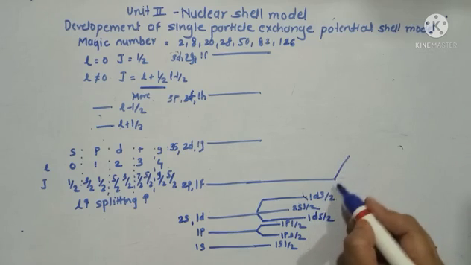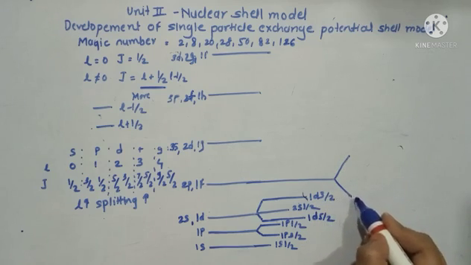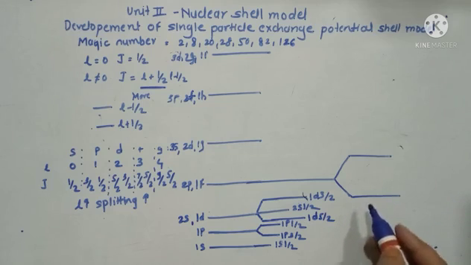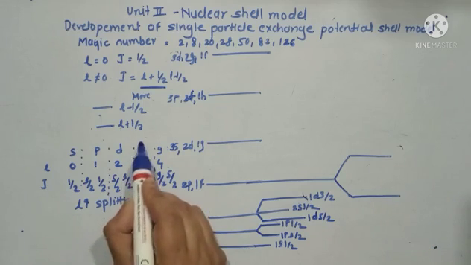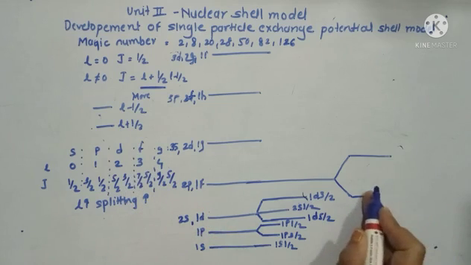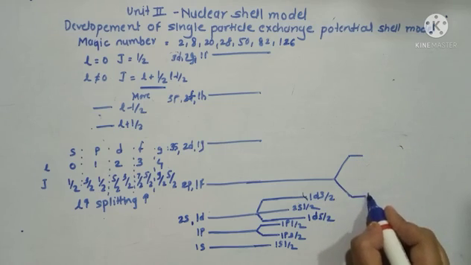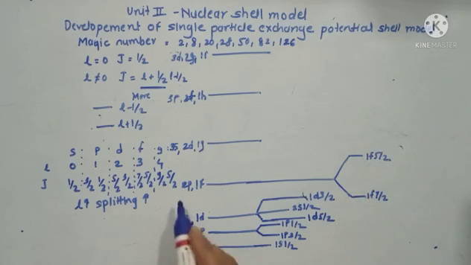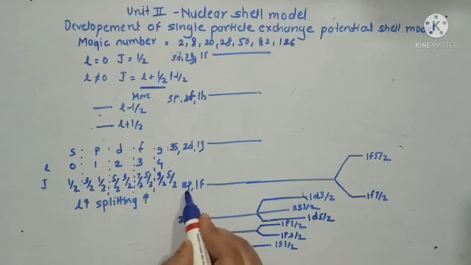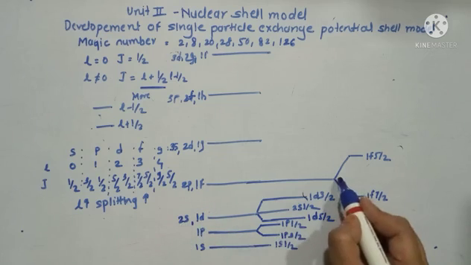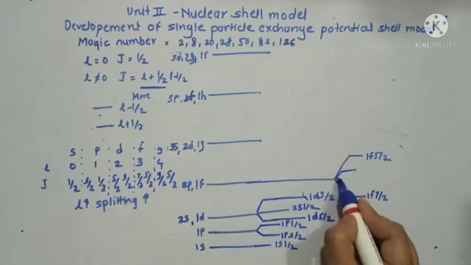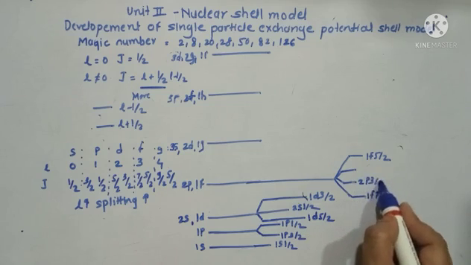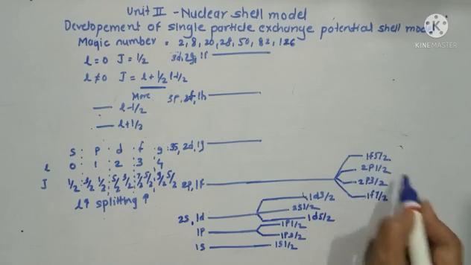So this is the f orbital, splitting will be more for this. So this f orbital will split into 1f 7/2, 1f 5/2. Again there is a 2p orbital, so this 2p orbital will split into 2p 3/2 and 2p 1/2.